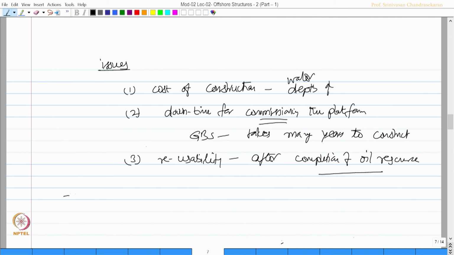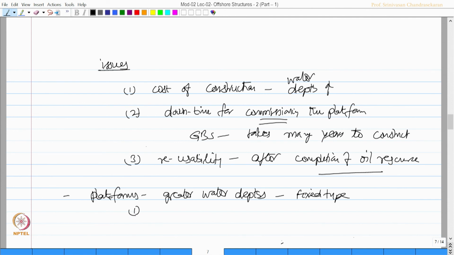Of course, people also studied and constructed platforms for greater water depths, which are essentially fixed type. I can give some examples.